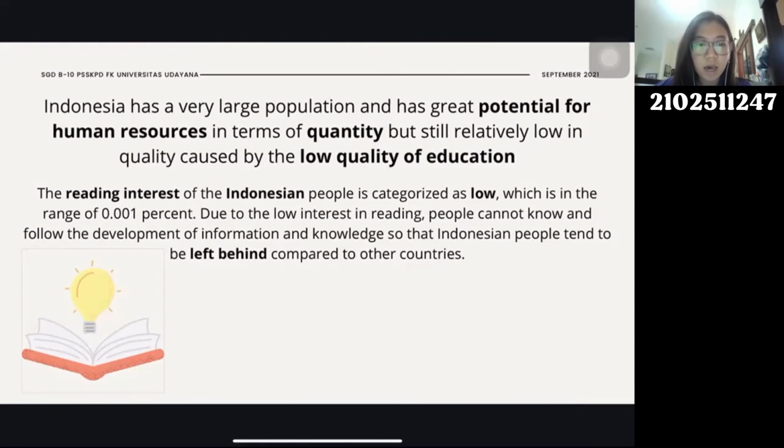This means that out of 1,000 people, only 1 has an interest in reading. Due to the low interest in reading, people cannot know and follow the development of information and knowledge, so Indonesian people tend to be left behind compared to other countries. Therefore, to be able to catch up with the progress that has been achieved by neighboring countries, it is necessary to cultivate an interest in reading from an early age.